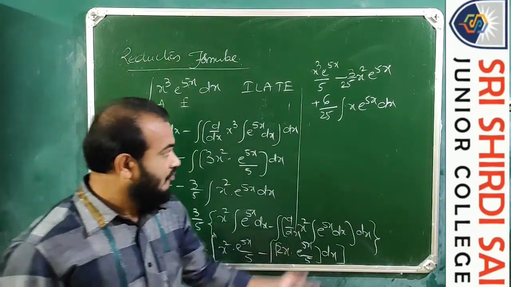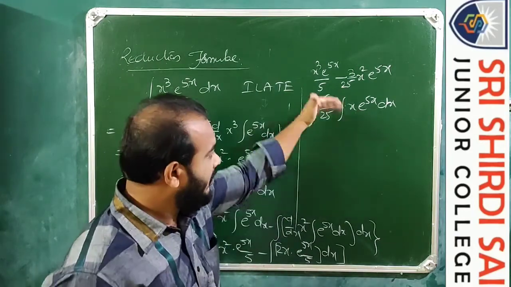See, x square is further reduced to x to the power of 1.